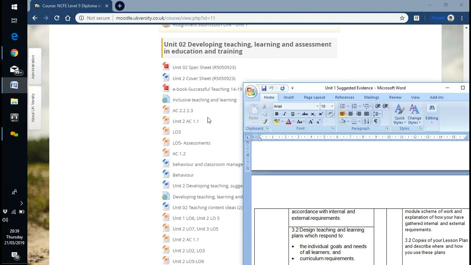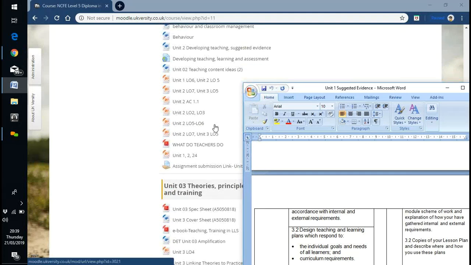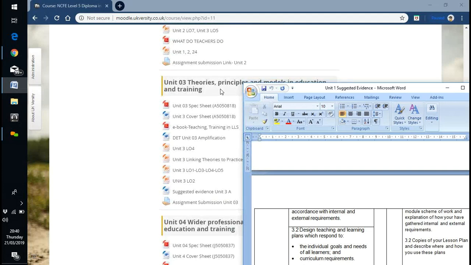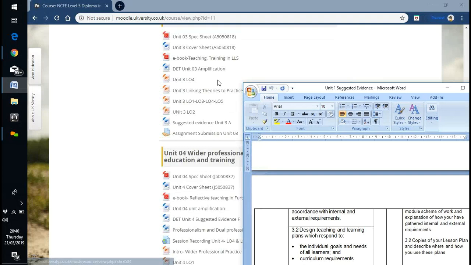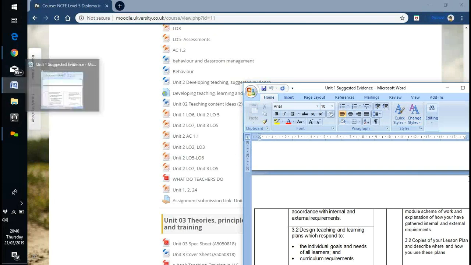I have lost that. It should be in here and it's not. Okay. I'll replace that afterwards and straighten that out. The suggested evidence is there, but the other one isn't. I'll correct that afterwards. In the meantime, I've closed that one down, so we've got rid of that. We'll work on this one only.